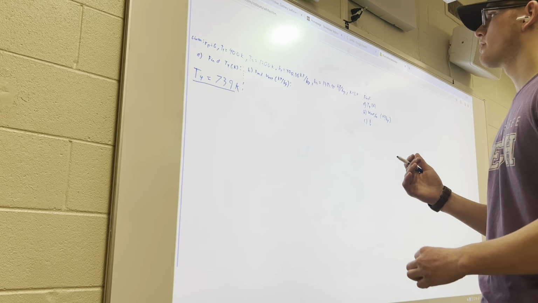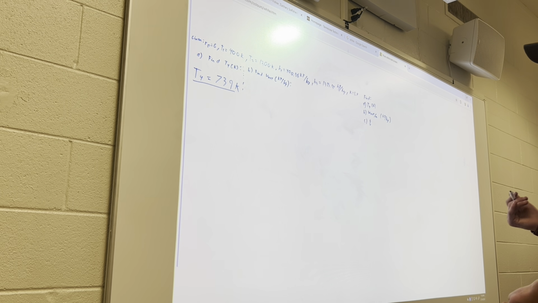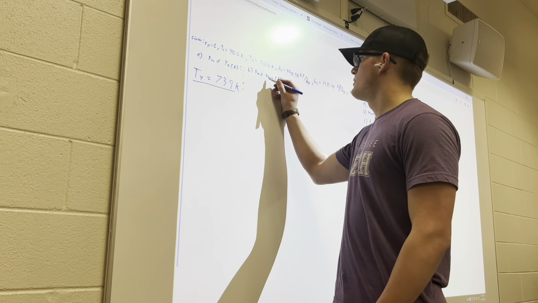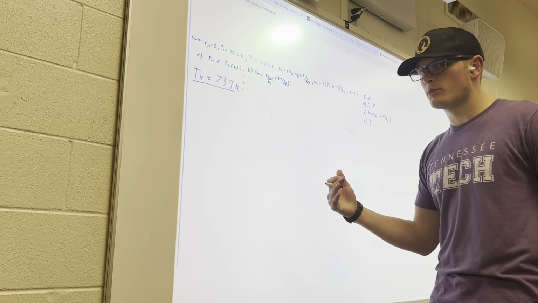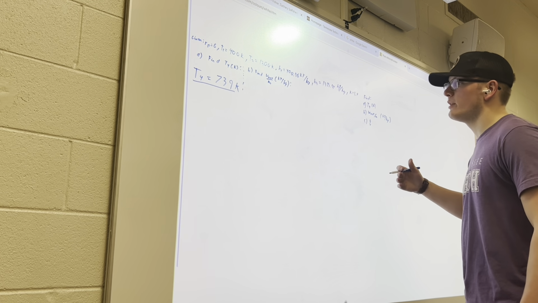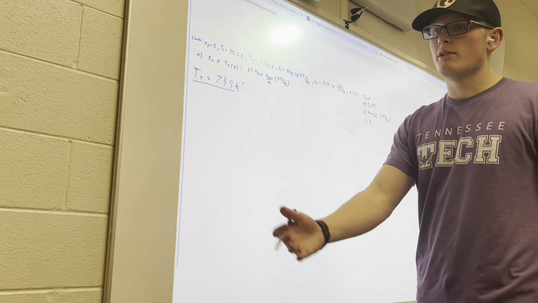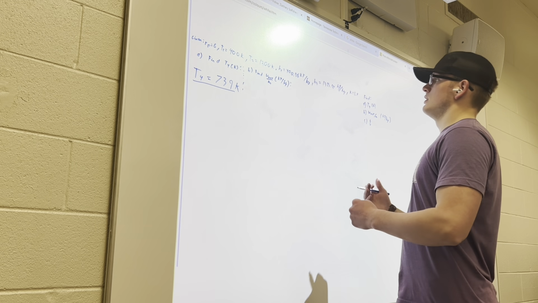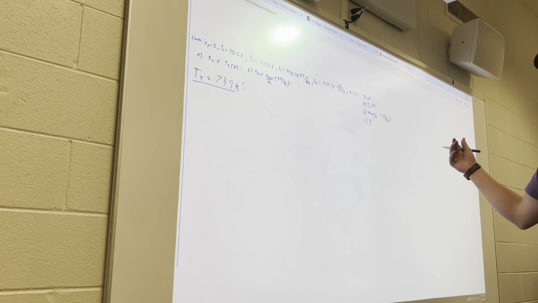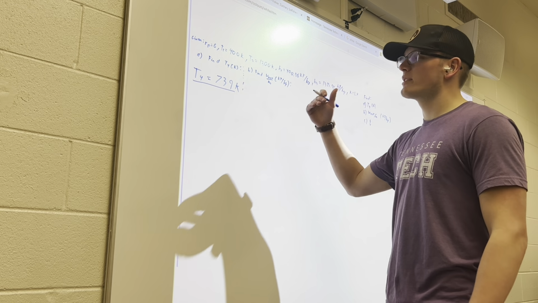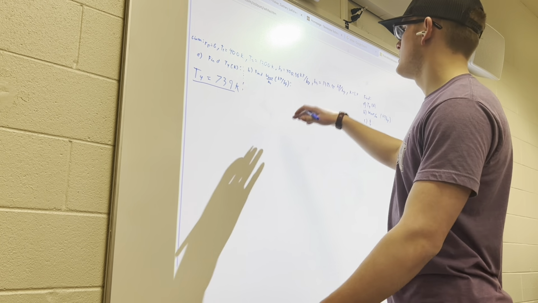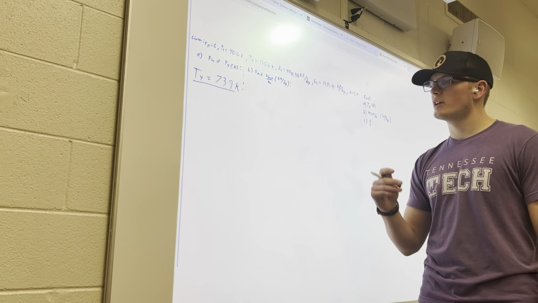Now the next part that we're going into is part B, which is find work net per unit mass. It's important because if we were just doing work net, we would have to find the mass of the system, which would be extremely hard, but we don't have to find that. We just have to find work net per unit mass, in units of kilojoules per kilogram.